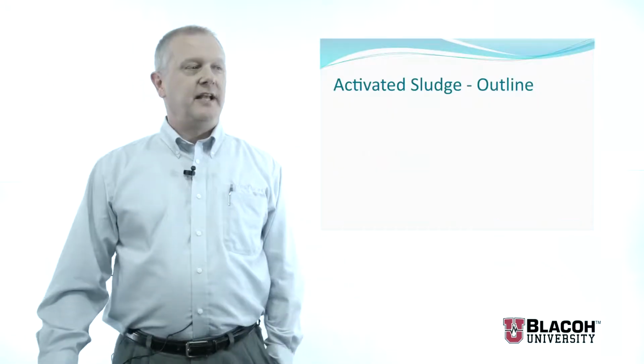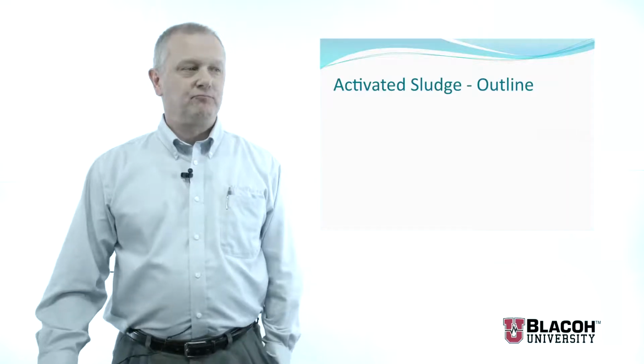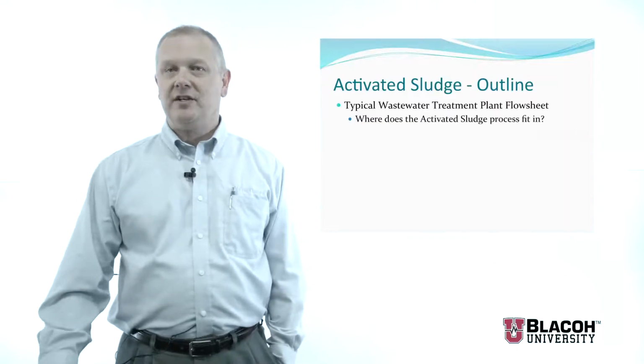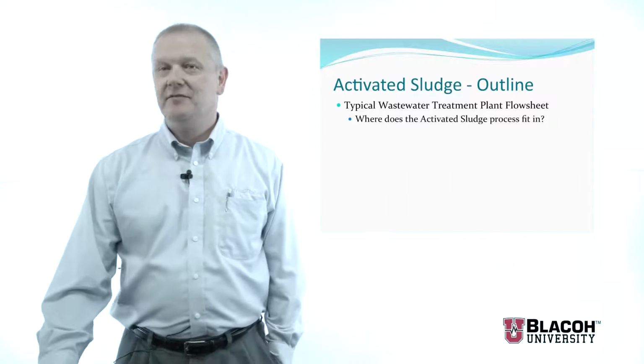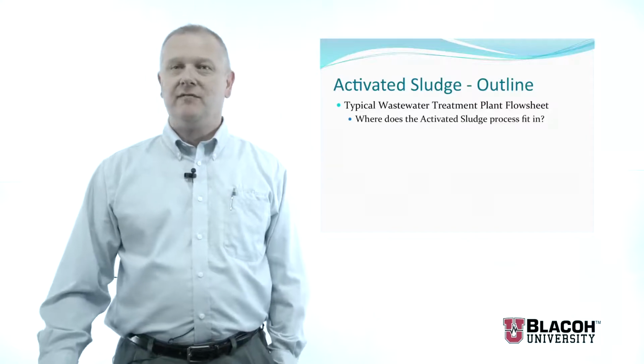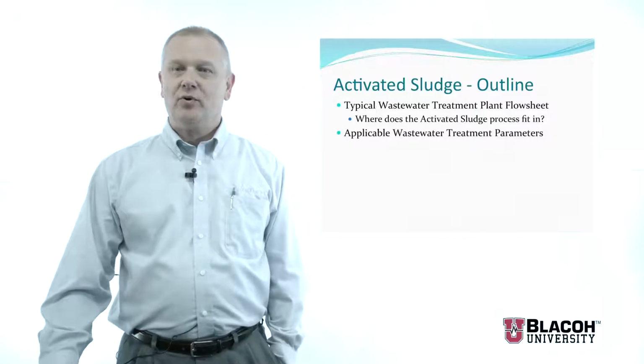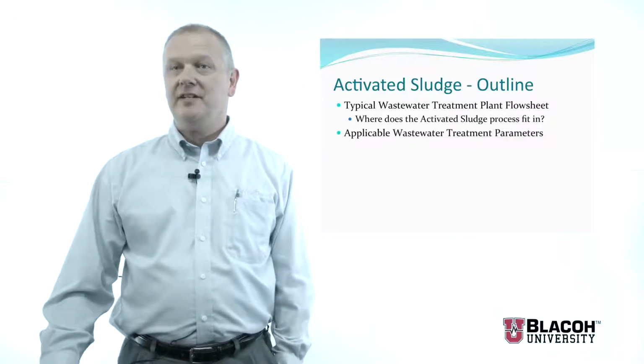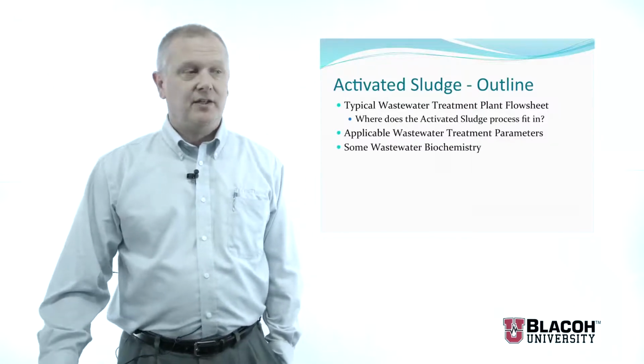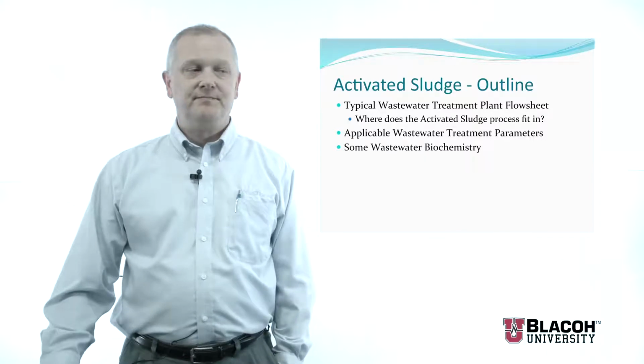We're going to talk today about, first of all, where the activated sludge process fits in a typical wastewater treatment plant flow sheet. We will then go over some important wastewater treatment parameters or criteria that deal with the performance of the system.